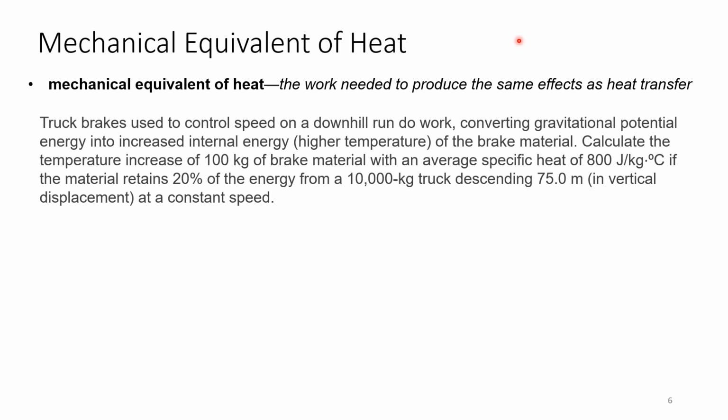If the brakes are not applied, the gravitational potential energy is converted into kinetic energy of the truck. When brakes are applied, part of the gravitational potential energy is converted into internal energy of the brake material.